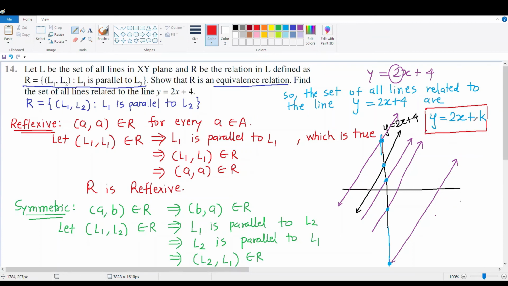So y equals 2x plus k. Plug in any number for k and that's going to be parallel to this y equals 2x plus 4. We can say k belongs to R, k is any real number. So y equals 2x plus k. All these lines are going to be parallel to this y equals 2x plus 4.